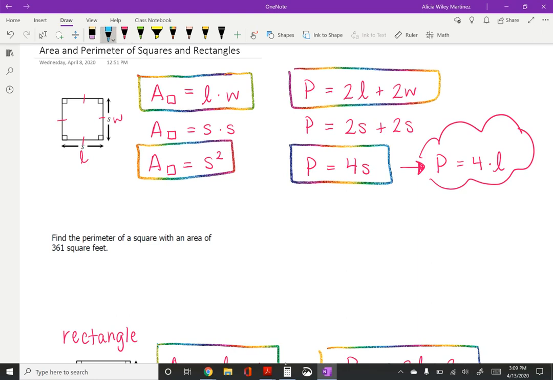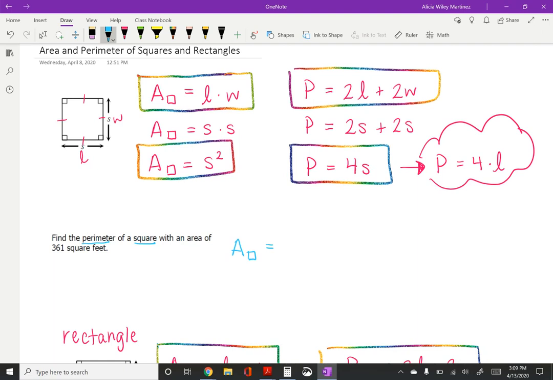In this example here, it says find the perimeter of a square. So perimeter, that's what we're finding, of a square, it's important to know, with an area of 361 square feet. So what they've given you here is the area. Now we know that the area of a square is the side length squared, right?